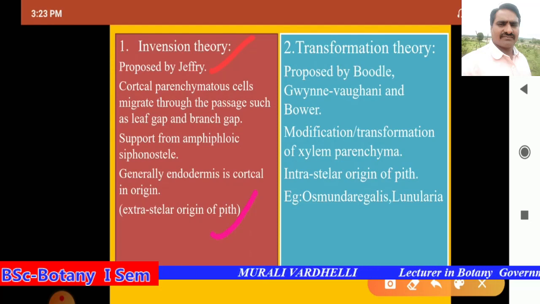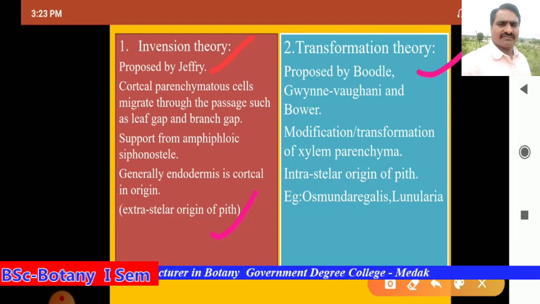The second one is the transformation theory. This transformation theory was proposed by Boodle, Gwynne-Vaughan and Bower. According to this theory, there is modification or transformation of xylem elements at the core into parenchymatous form. So xylem parenchymatous tissue forms in the center of the vascular cylinder and forms pith or medulla.